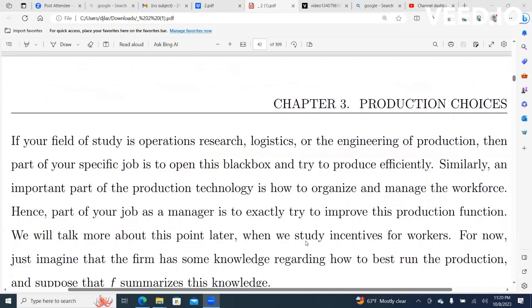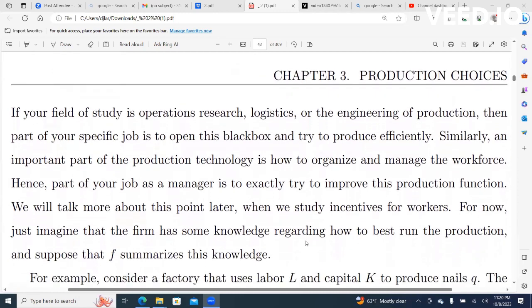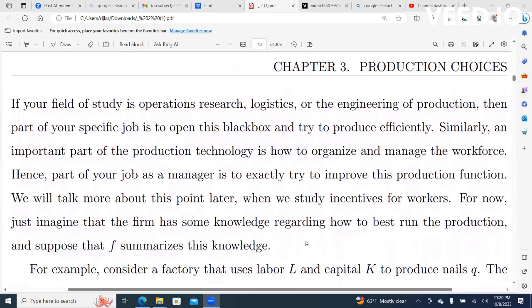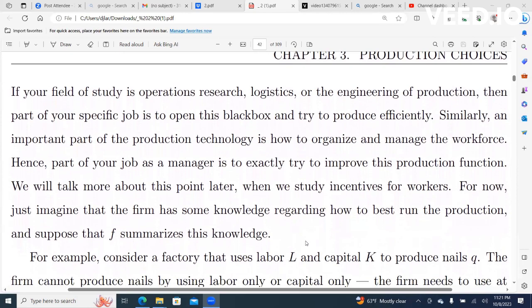If your field of study is operations research, logistics, or the engineering of production, then part of your specific job is to open this black box and try to produce efficiently. Similarly, an important part of the production technology is how to organize and manage the workforce.